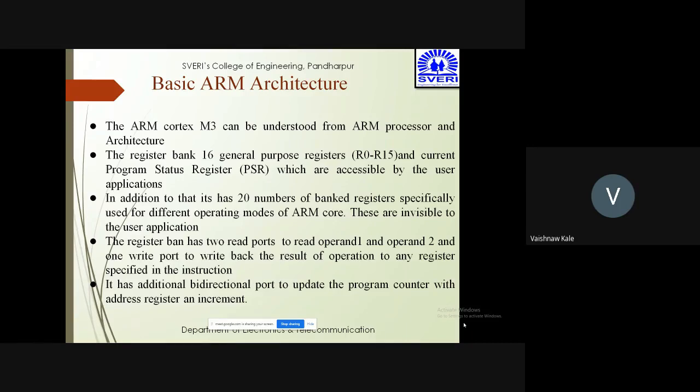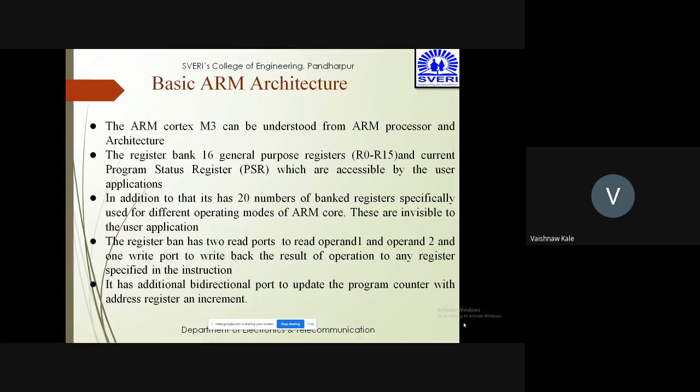Then the register bank also has two read ports in order to read operand 1 and operand 2, as well as a write port in order to write back the result of the operation to any register specified in the instruction. It has an additional bidirectional port to update the program counter with the address register and incrementer.